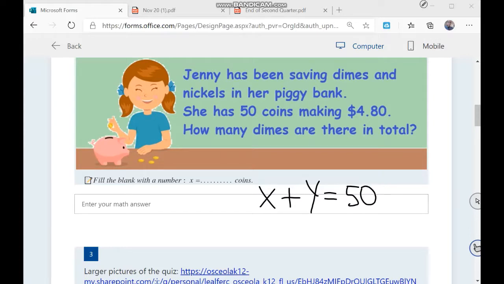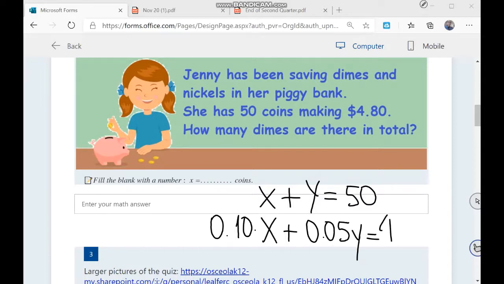Okay, and she has x dimes, that means 0.10 times x, plus y is going to be the nickels, 0.05 y equals $4.80.